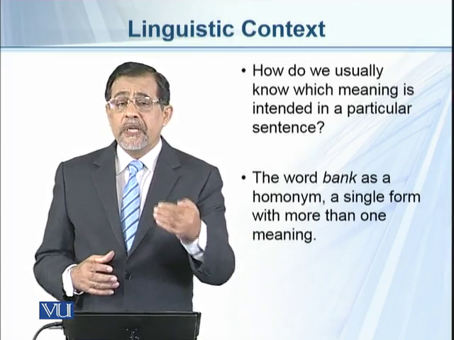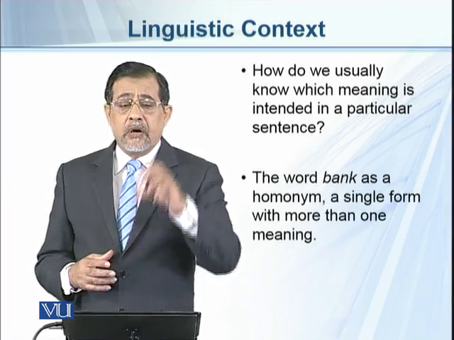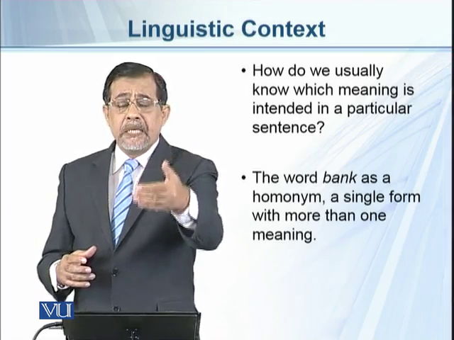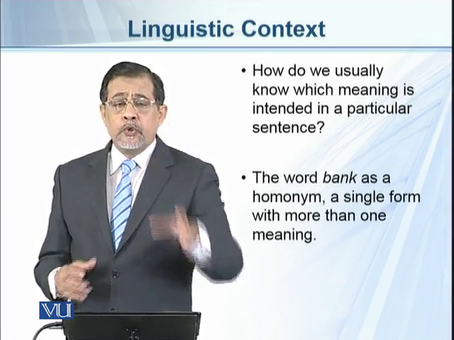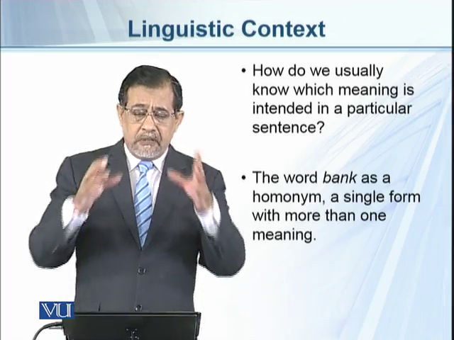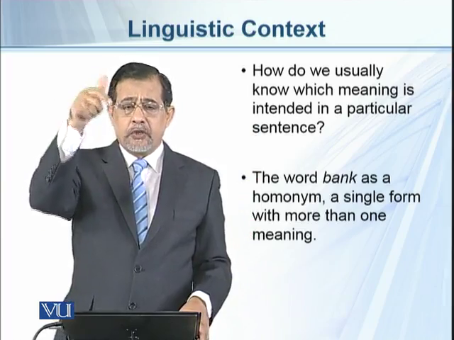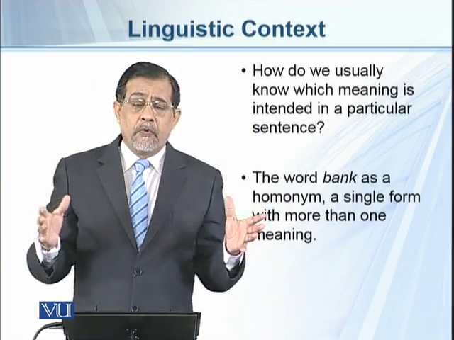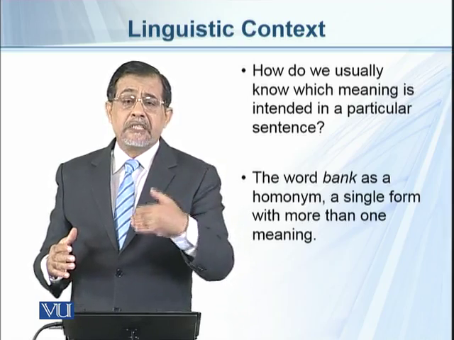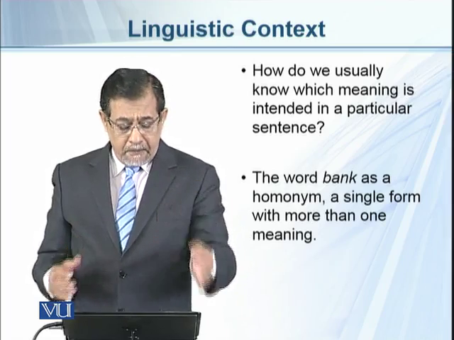How would we take it that bank means the edge of a river or a canal, and bank means a financial institution? For example, if we see a building and the board of the bank is written on it, because of the word bank and the building, we'll understand that this building is a financial institution where transactions are made.